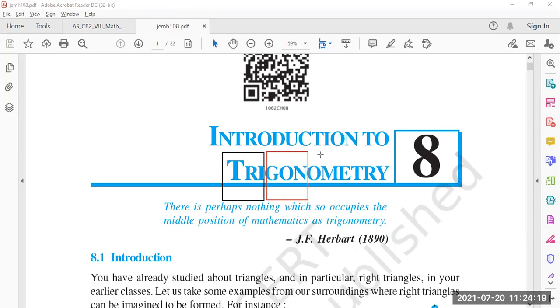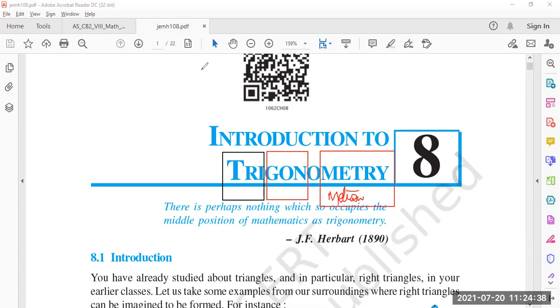And then the third one is metron. So the combination of these three Greek words became the single word trigonometry.